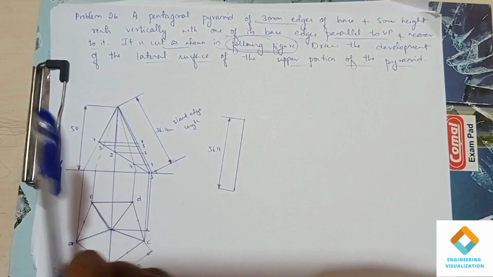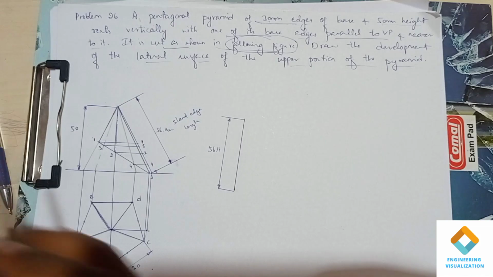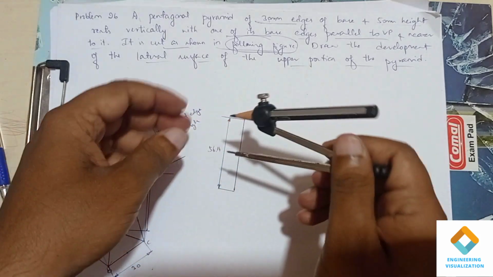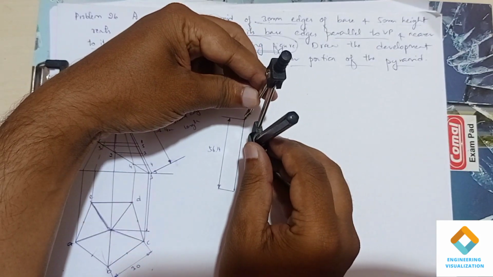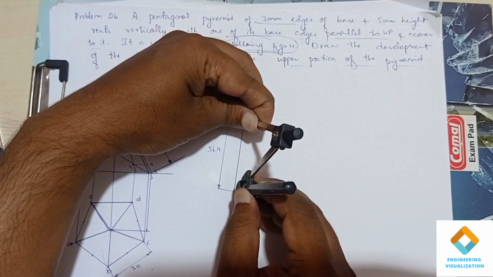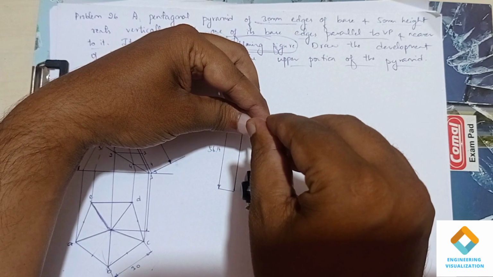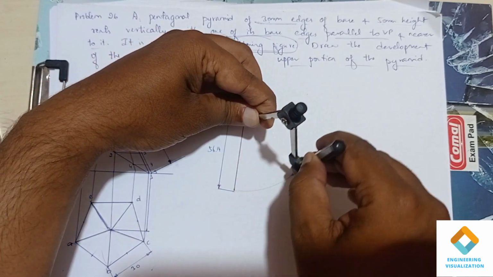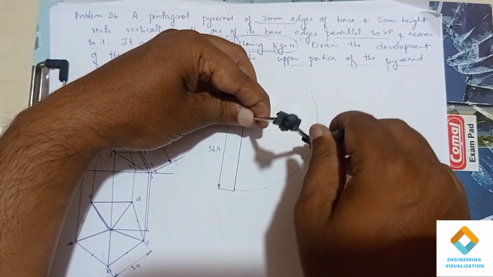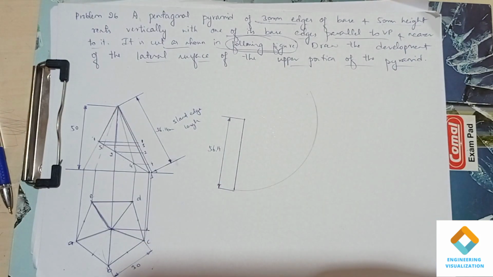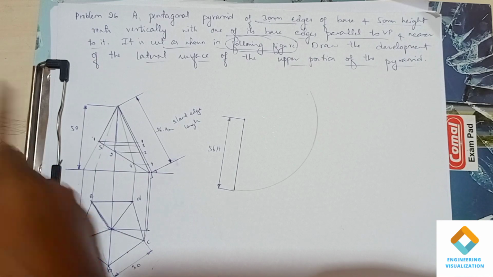After that take compass, measure this 56.14 and draw an arc here. So we have to draw an arc with respect to this length. Consider this length and draw an arc here. Now after that we know that it is a pentagonal pyramid, so the base edge is of length 30 mm.